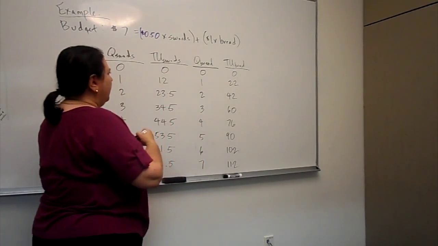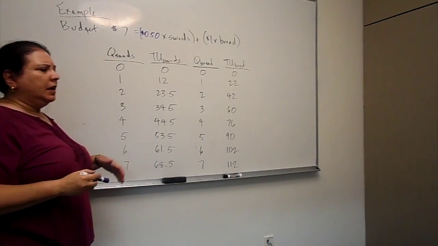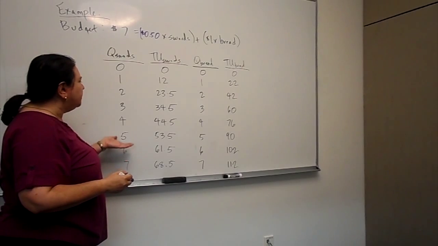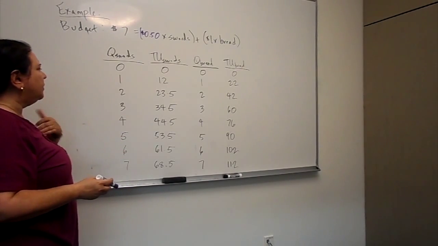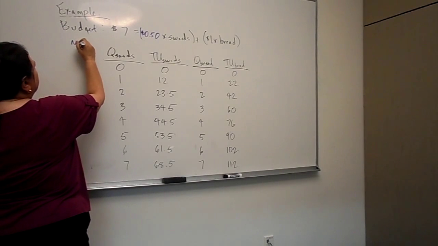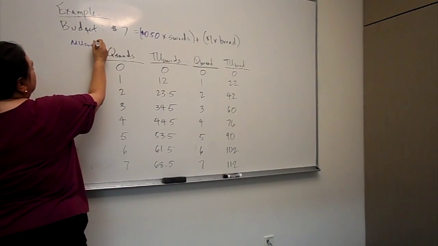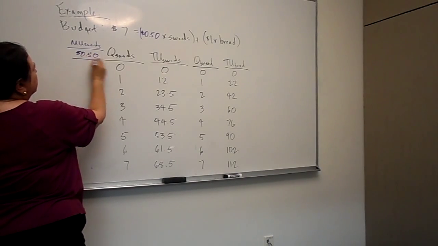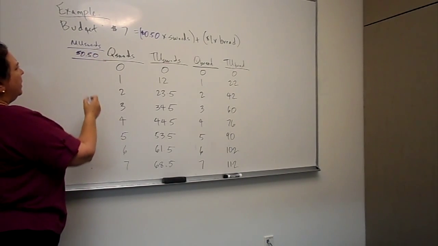Okay. Now what we're going to do again is find the marginal utility of swords now divided by the new price, which is 50 cents. So we find the marginal utility of swords divided by 50 cents. Okay.